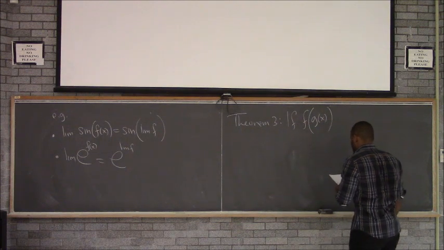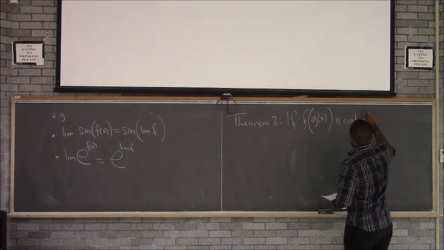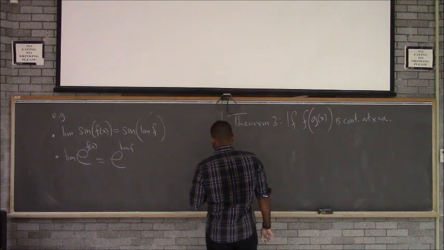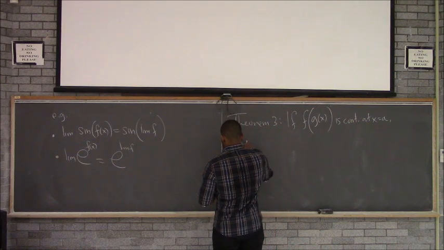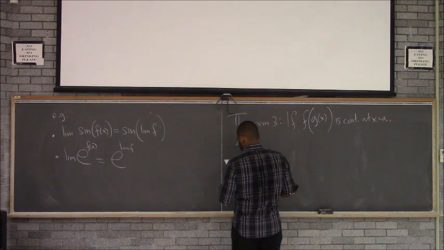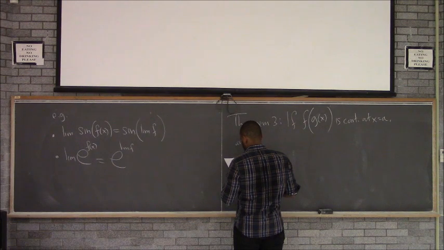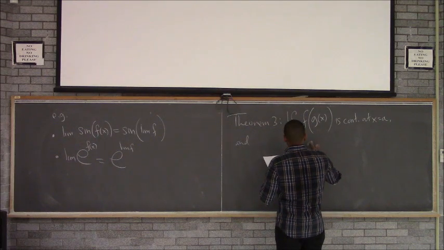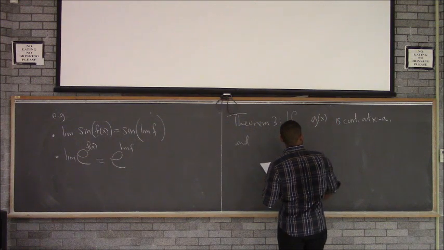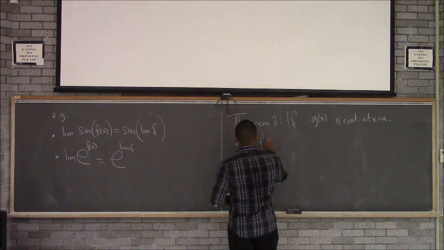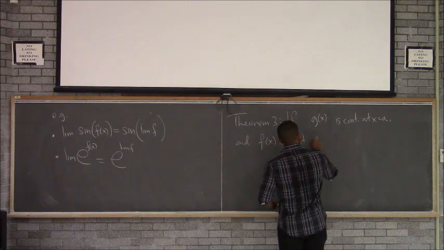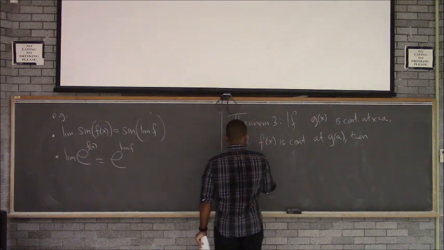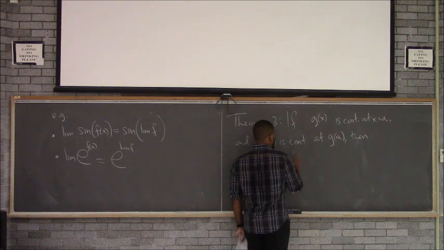If g of x is continuous at x equals a, and f of x is continuous at g of a, then f of g of x is continuous.